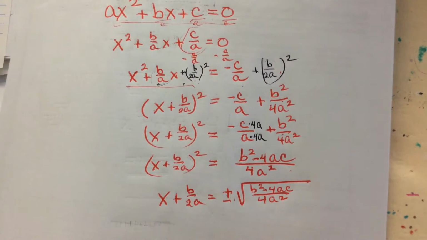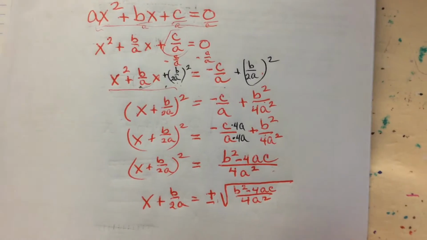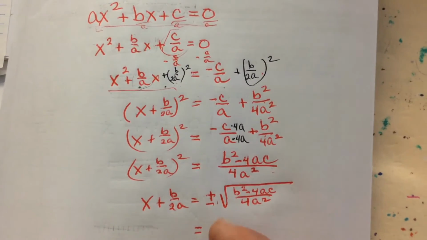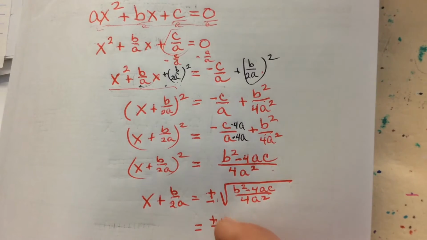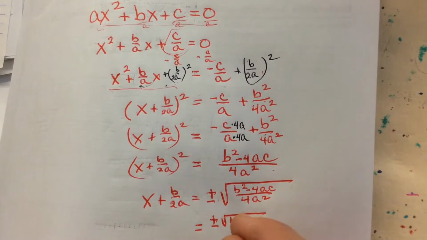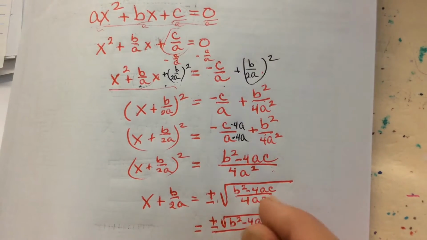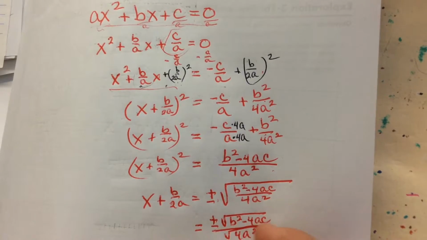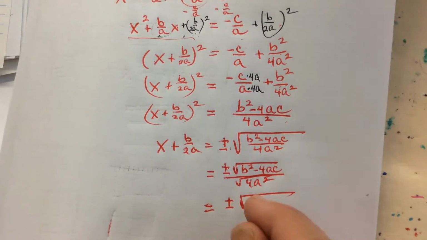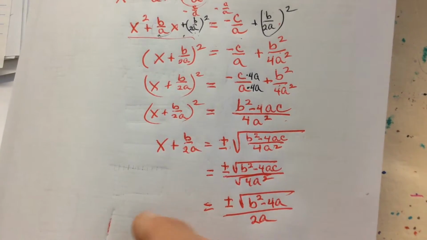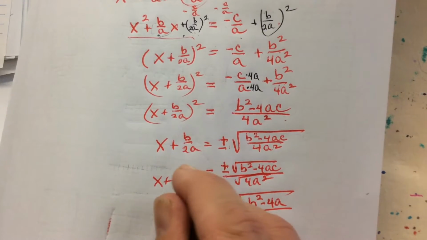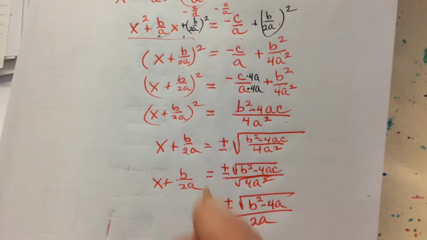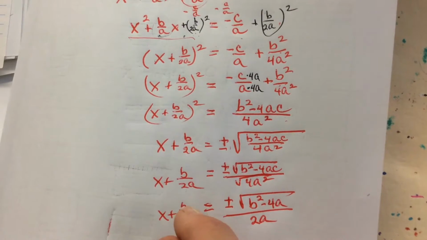And when you work this out, this is plus or minus the square root of b squared minus 4ac over the square root of 4a squared. And if I take the square root of 4a squared, I have 2a over here. Over here, I still have x plus b over 2a.